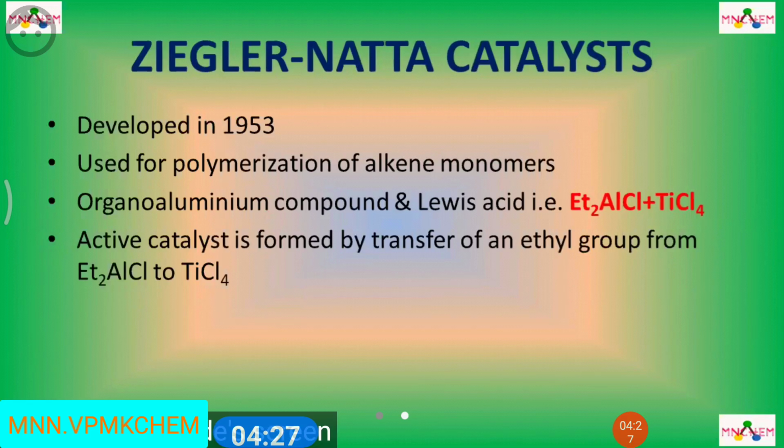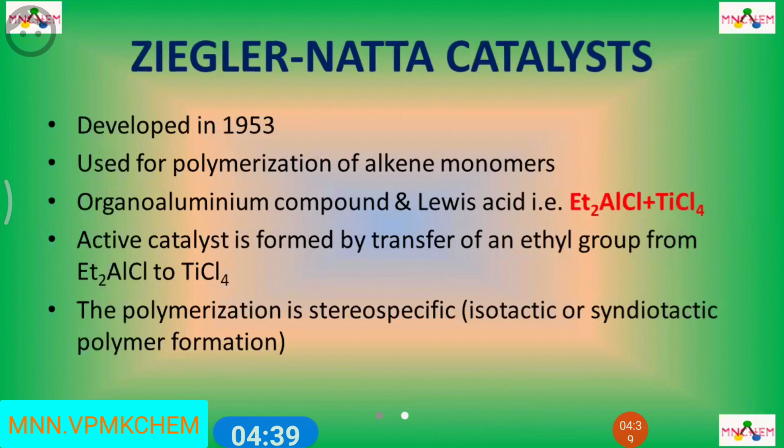When they are used, the active catalyst is formed by the transfer of an ethyl group from diethyl aluminum chloride to titanium tetrachloride. The polymerization is a stereospecific process when we use the Ziegler-Natta catalyst, or we can say a stereospecific polymer is obtained, and that depends upon the reaction temperature.